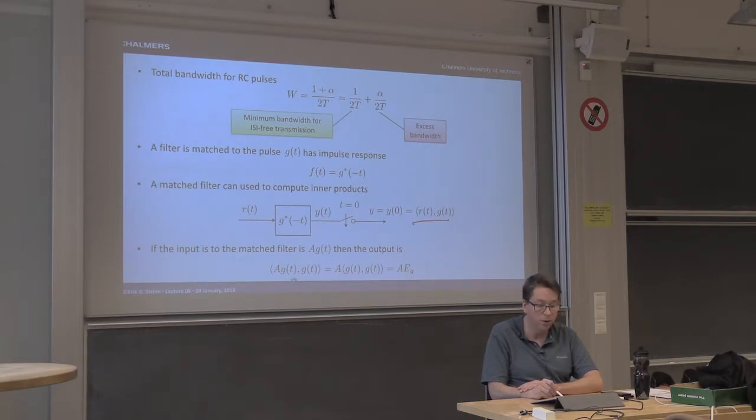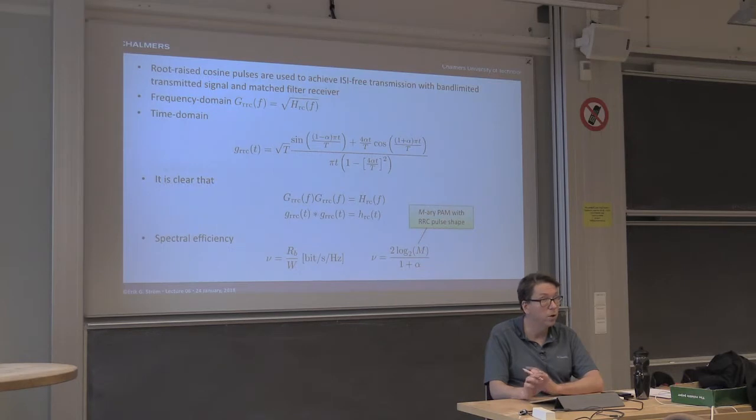You can think of A as some information, the symbol that we transmit at time 0, the data that we transmit. Then the sample of the output of the matched filter is simply a scaled version of the amplitude that we transmitted. That's actually what's going on, as we will see a little bit later.